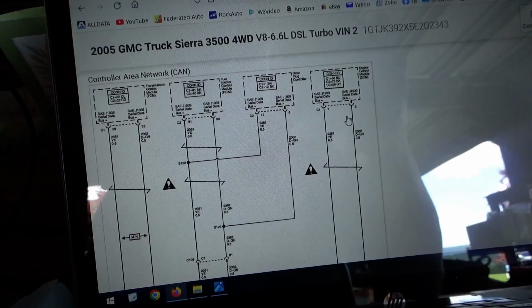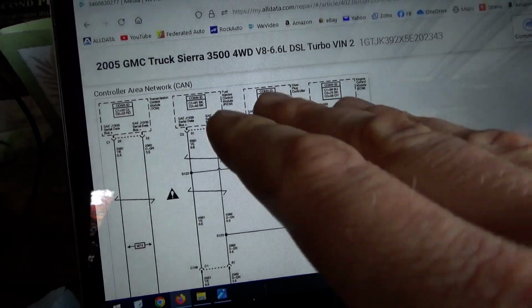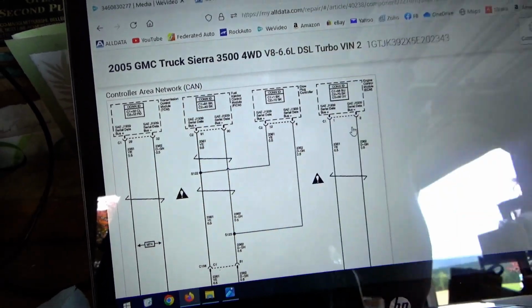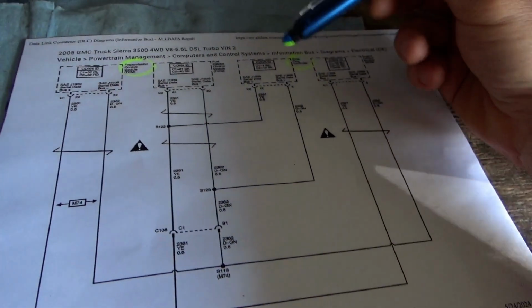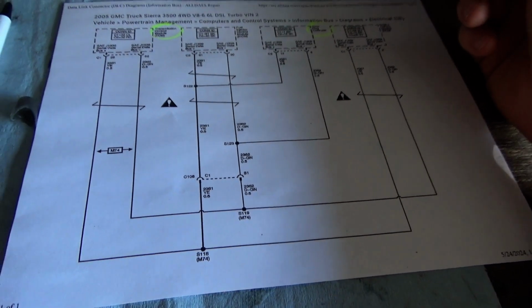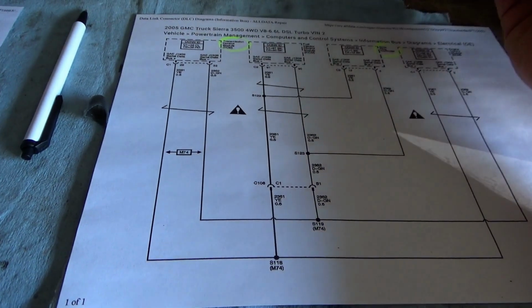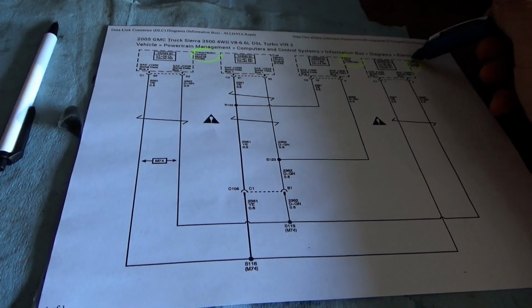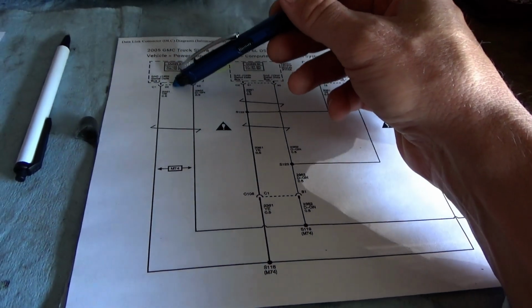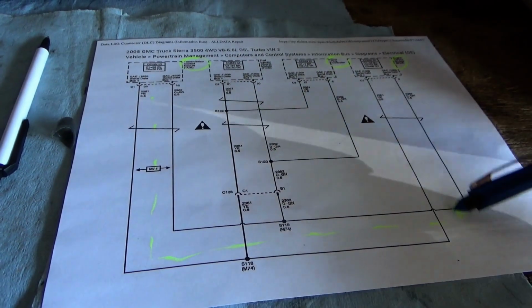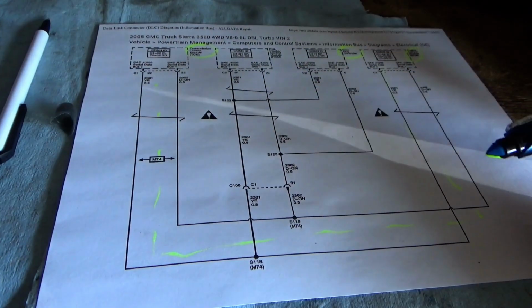And as you can see, these do not go to the DLC. This is a separate dedicated drivetrain network. So I have that printed out. So basically TCM is saying it cannot talk to ECM, and that happens on this pair of wires, yellow and dark green.